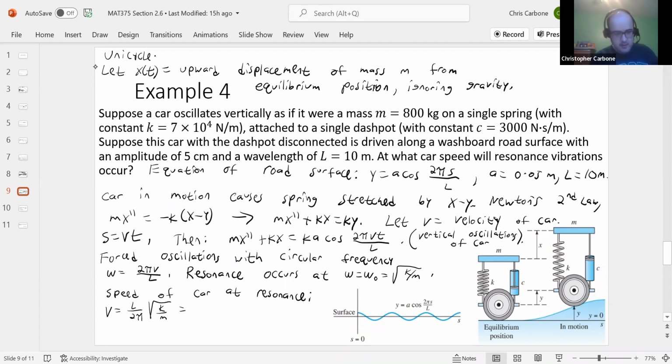In our case, 10 over 2 pi times the square root of 7 times 10 to the 4th divided by 800. Tossing the calculation to a calculator gives us about 14.89 meters per second.